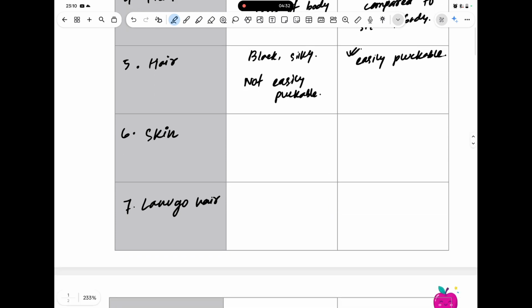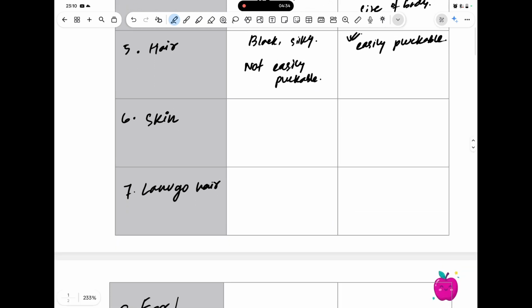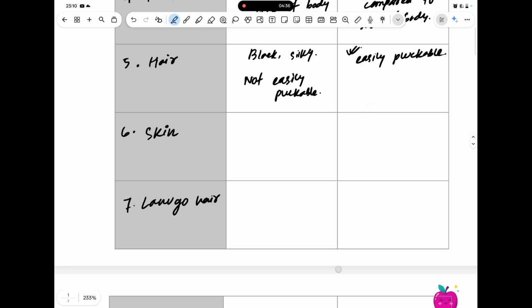Okay, so skin in case of newborn: in case of term, the color is pink. In case of preterm, the color is reddish.